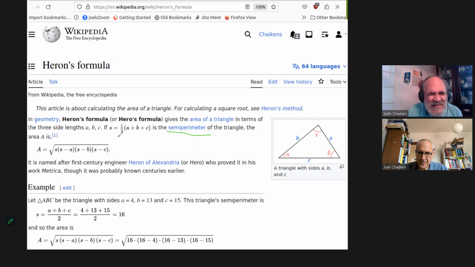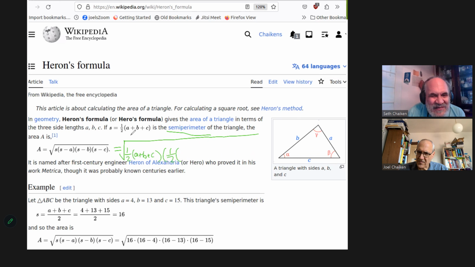So S is 1/2 of the sum of the lengths. Let's see what this comes out to be. The square root, and what are they? We have 1/2 of A plus B plus C. And then that's multiplied by 1/2 of S minus A.